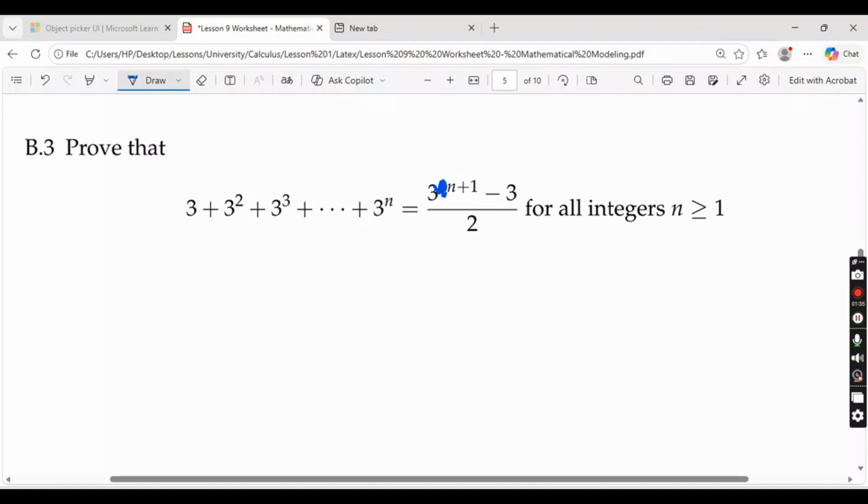We're now saying the sum is equal to 3 to the power n plus 1 minus 3 over 2. Okay, so let's start from the beginning. First, we do the proof for n equals 1.